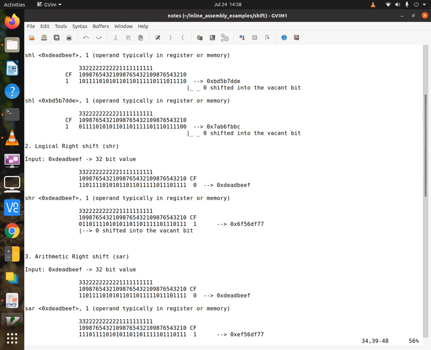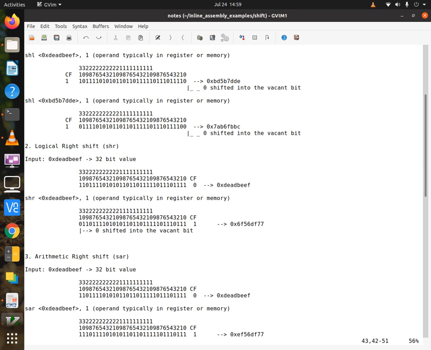The second example is for the logical right shift. Again, in this case, the input is dead beef, and this is the binary representation of this 32-bit value, and the carry flag is assumed to be 0 to begin with.